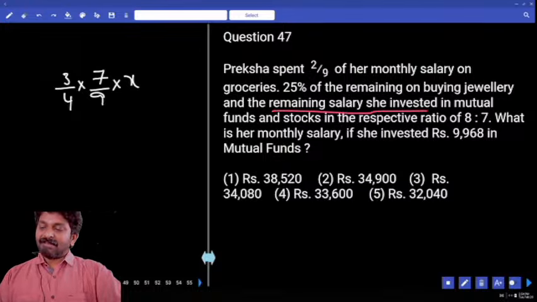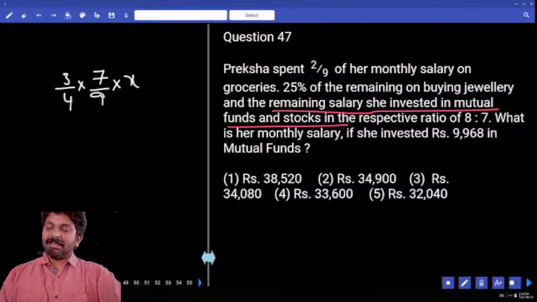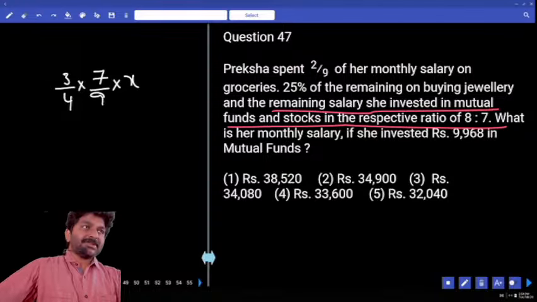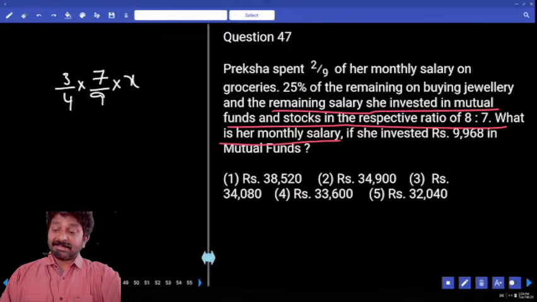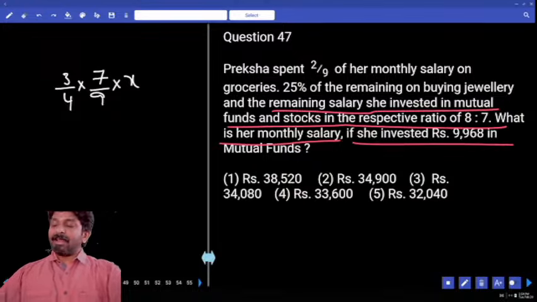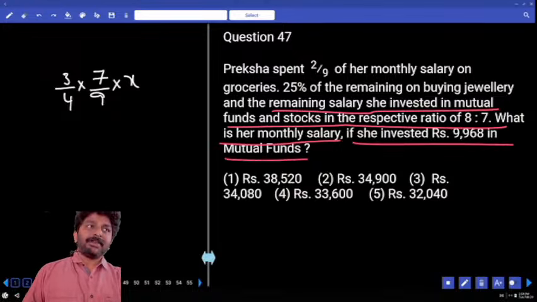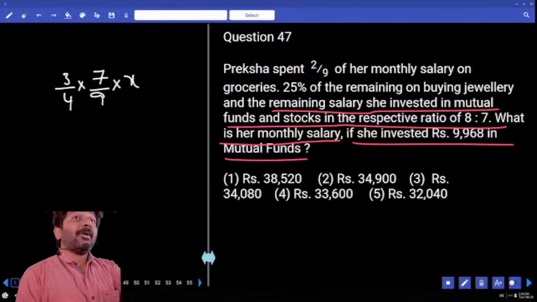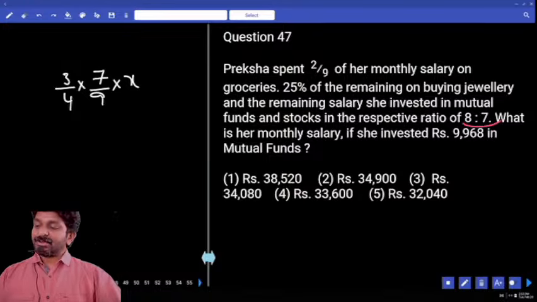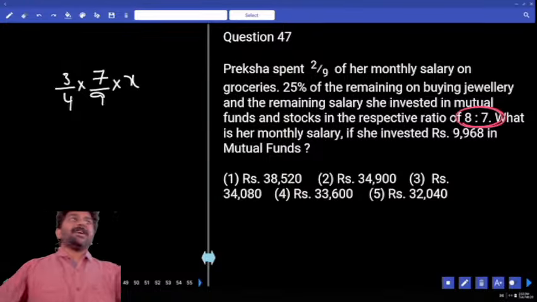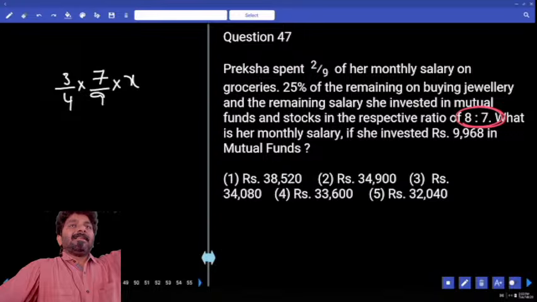Remaining salary, she invested in mutual fund and stocks in the respective ratio 8:7. I don't want to write anything. Let me continue. What is her monthly salary? That is the question. If she invested 9968 in mutual fund, we were given the amount that was spent on mutual fund. Correct? That is one of these two in the ratio only. First is mutual fund, then stocks.